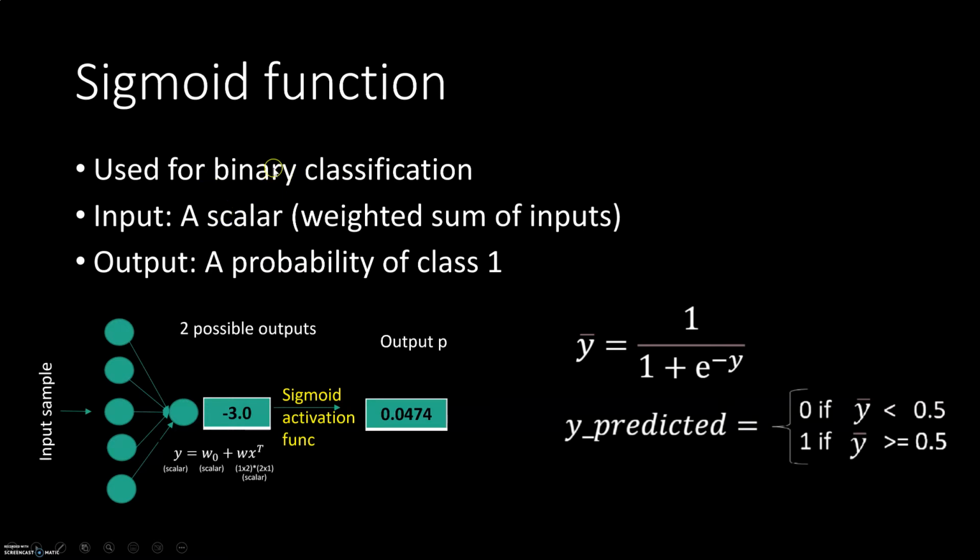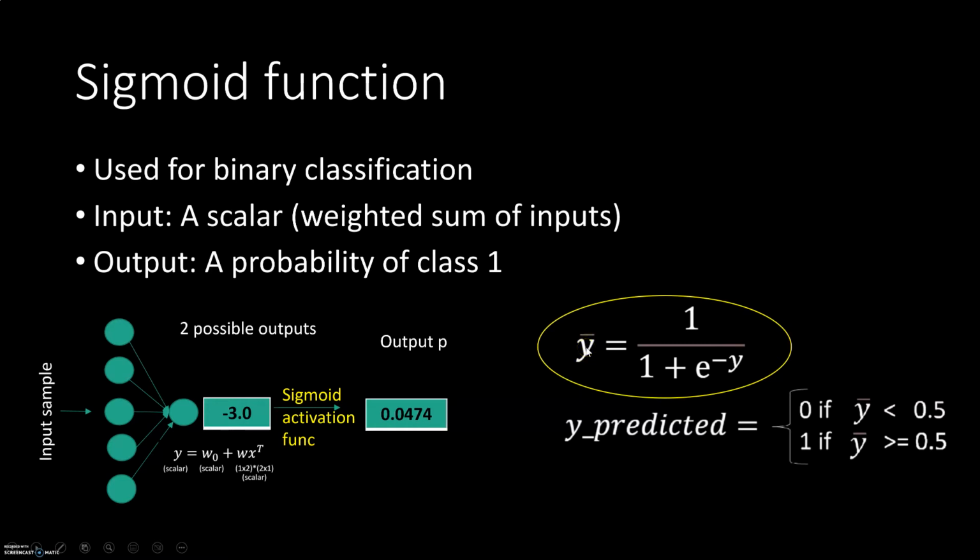The core of the sigmoid function is this function right here. It's called the logistic function: 1 over 1 plus e to the power negative y. It takes a scalar y and converts that number into a probability, so y bar is a number between 0 and 1.